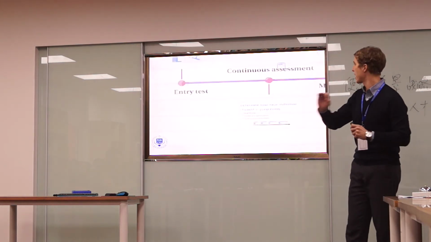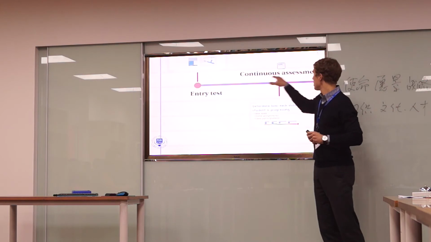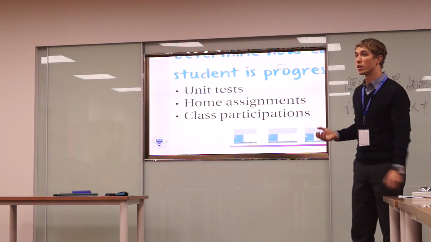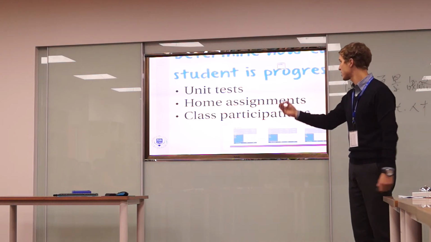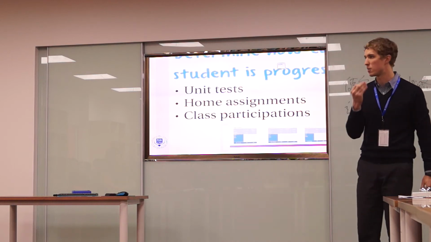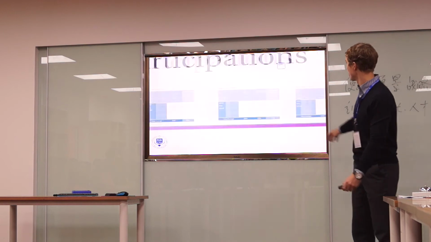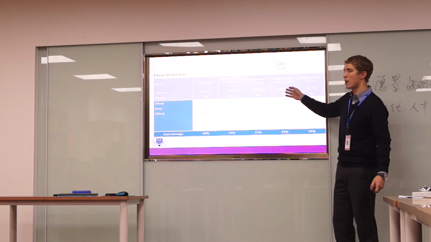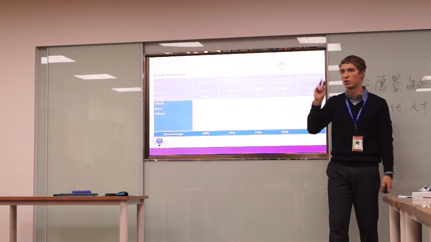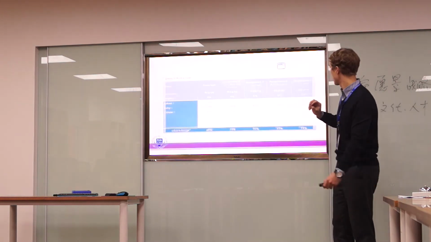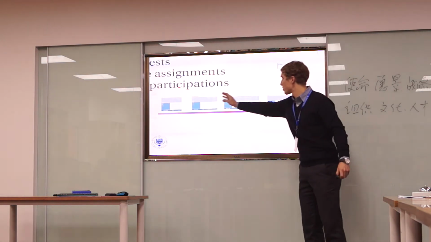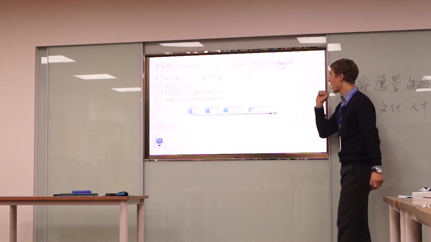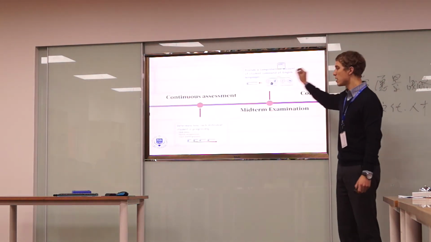Now we follow up the entry test with a continuous assessment. Continuous assessment basically means we gauge their understanding by unit tests, homework assignments, classroom participation, and what we end up having is a grade for the students for almost every week. Sometimes we do have even 2 grades each week. And so that's what continuous assessment looks like. We start with the entry test, we follow up with continuous assessments, and then we move on to the midterm examination.